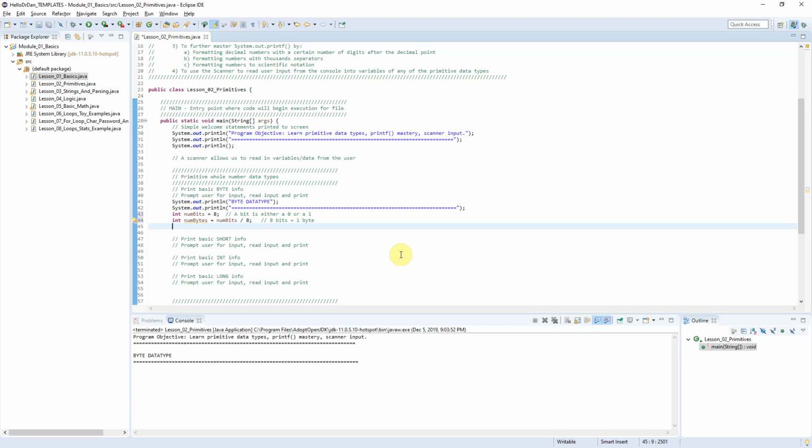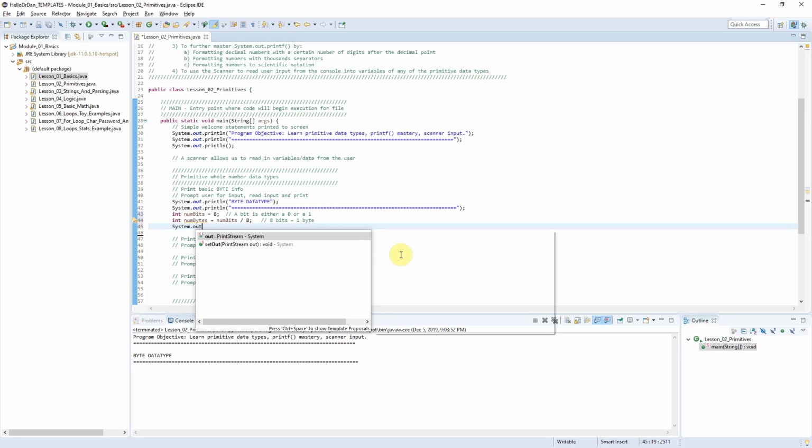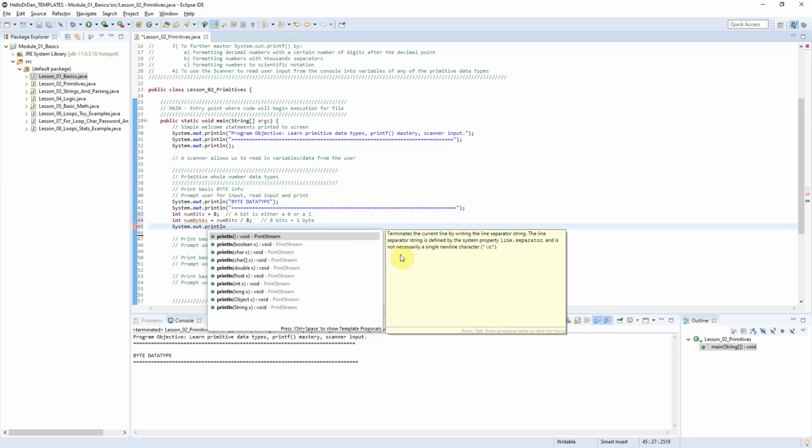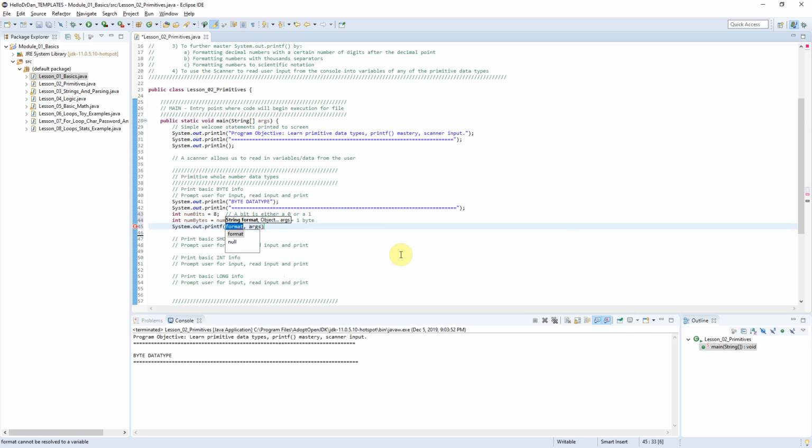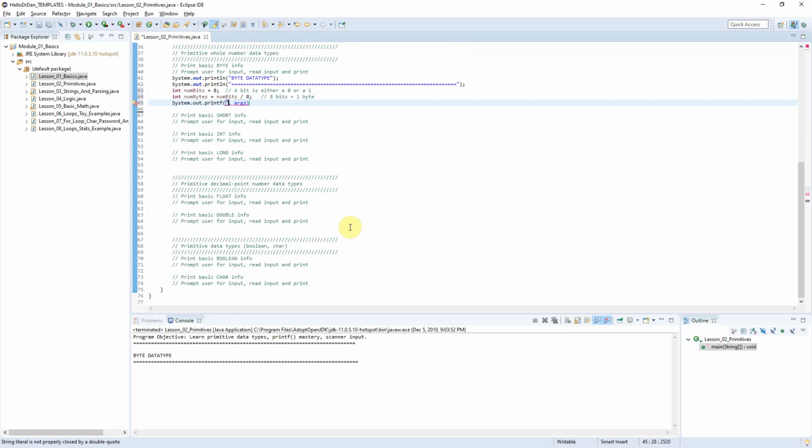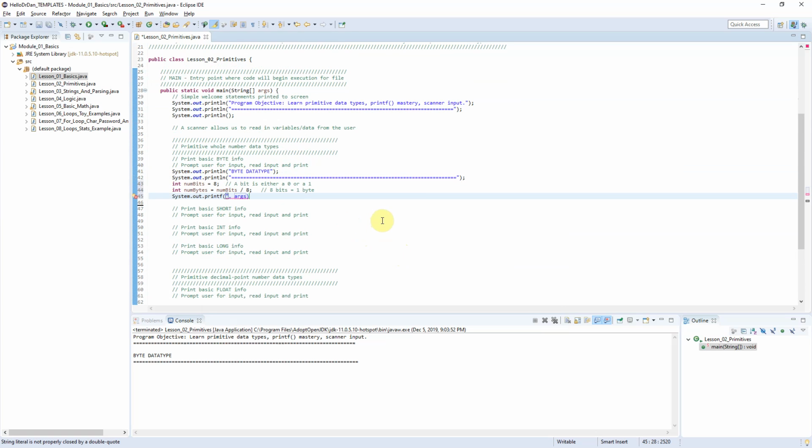With that said, I'm going to write a little printout statement to display this to the user. We'll do a System.out.println. Actually, do a printf. I'm going to write a kind of long sentence, and we're going to do really the same thing for all of these. We'll work hard on this first one or two, and then we'll do a lot of copying and pasting and modifying for the different data types.